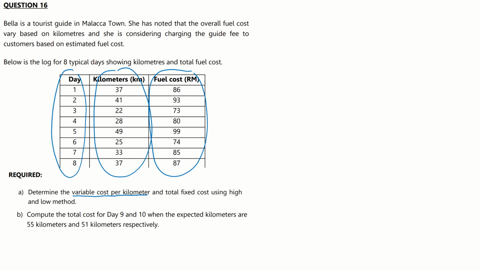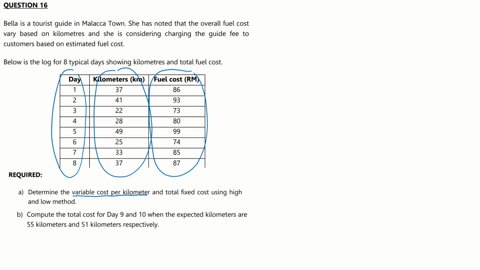Before I explain the calculation, let me explain what variable cost is. Variable cost is the cost which varies in total as the number of production, or as the number of kilometers in this question, increases.